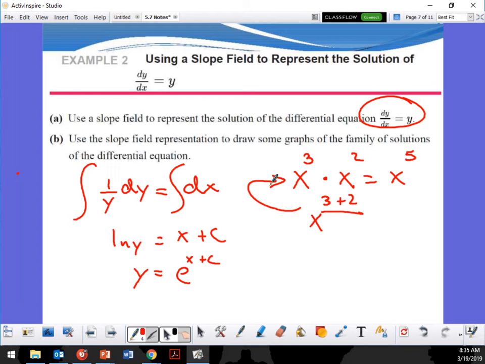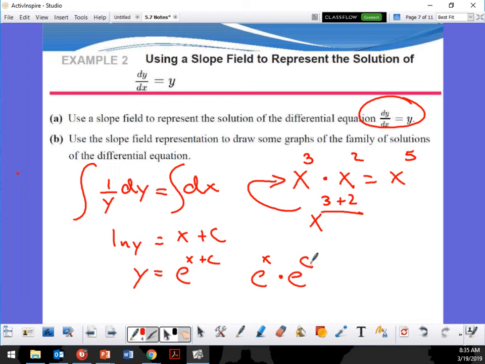Okay, I can. So now since it's x plus c, I could rewrite that as e to the x times e to the c. But now, is c some constant? Yeah. C is some constant. So if I'm multiplying a c, is it still a constant? Yeah.